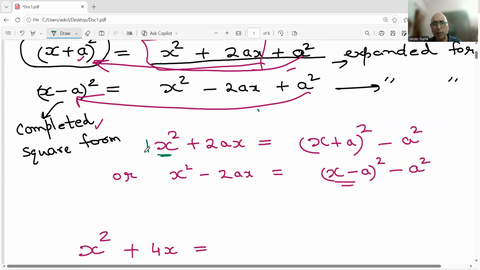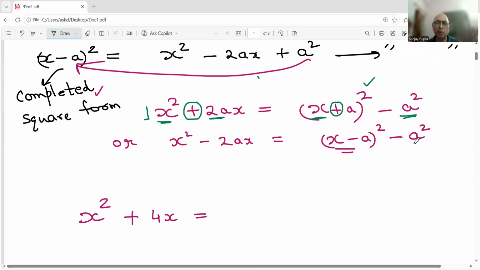If the coefficient of x squared is 1, I'm taking the x as it is in the bracket, plus this x coefficient here, which is 2a. So I divide that coefficient by 2, so it becomes just a, and then I square it. If it is plus here, then I use the plus sign.